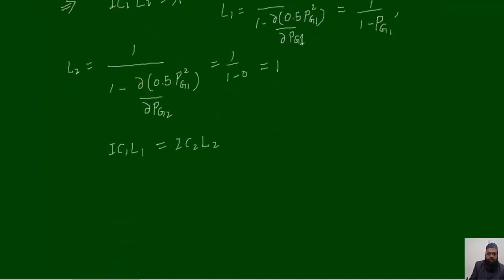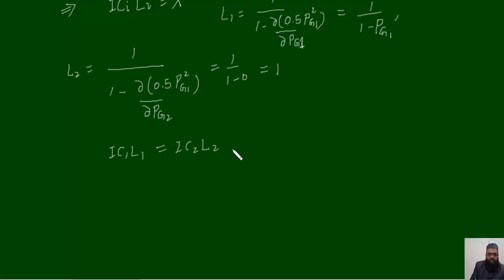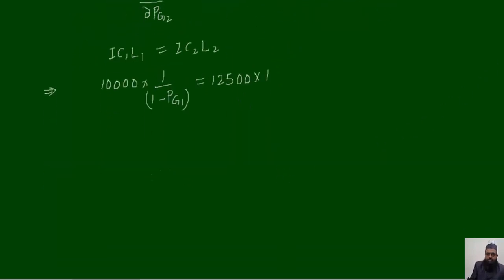So this implies IC1 is 10,000 times L1, evaluated as 1 upon 1 minus PG1, is equal to IC2, given as 12,500, into L2, calculated as 1.